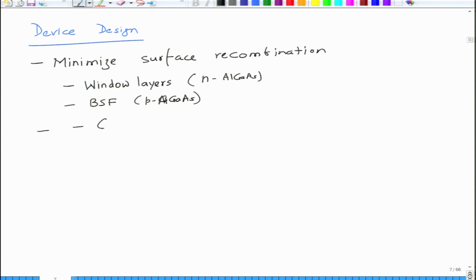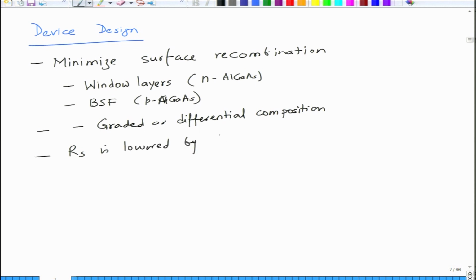Often one also uses graded or differential composition in the semiconductor itself to slow down the carriers, and the series resistance is generally lowered by doping the emitter heavily, so that leads to reduction of series resistance in these materials.